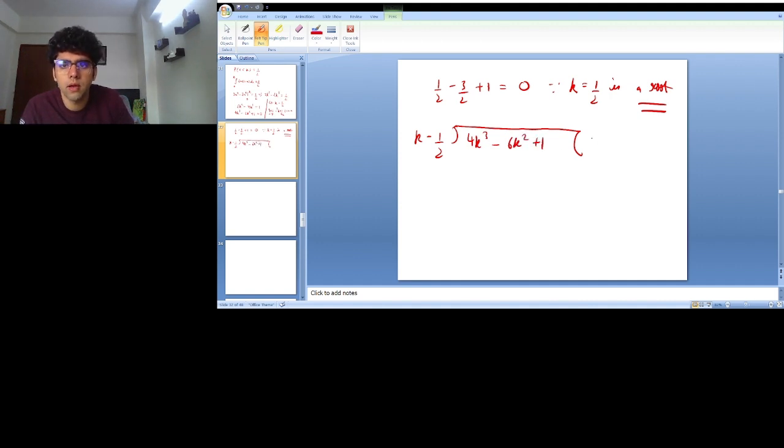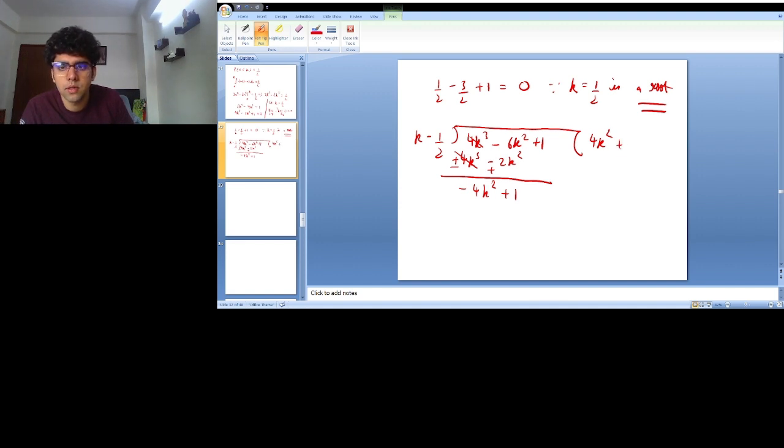Now just applying long division here, so 4k square, this gives me 4k cube minus 2k square, and this gets cancelled. So this gives me minus 4k square plus 1.